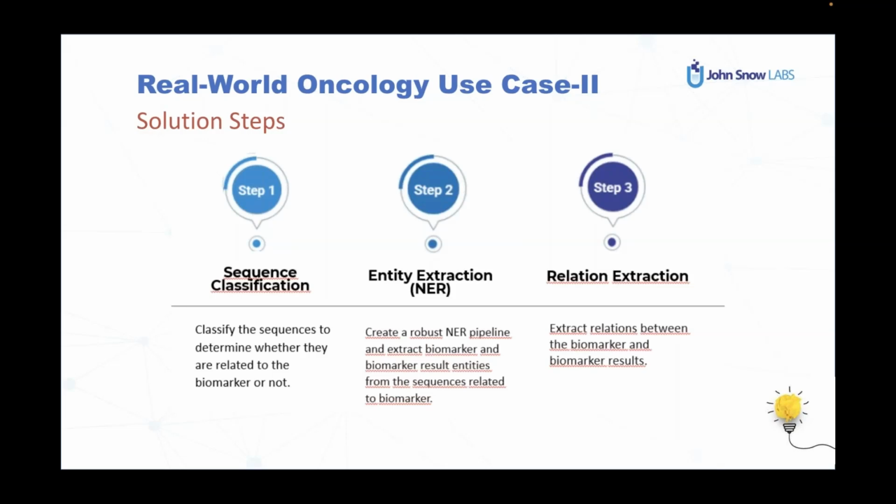If they are related to biomarker, then we will extract the biomarker and biomarker result entities from those classified sentences, okay? After that, we will check the relationships between those entities. And if they are in a relationship, we will add them to our tabular format.